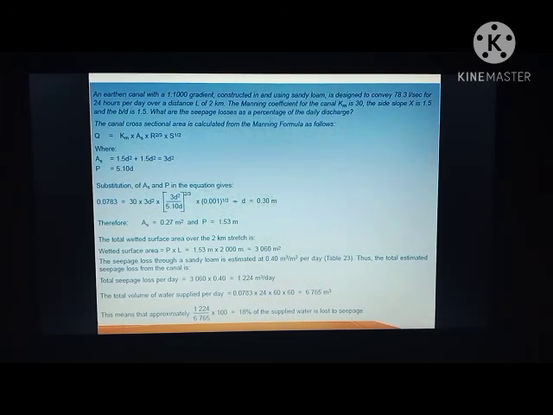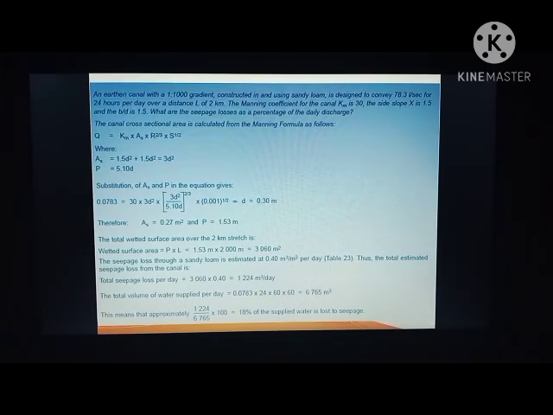Thus, the total seepage loss per day is equal to 3,060 multiplied by 0.40, which is equal to 1,224 cubic meters per day.